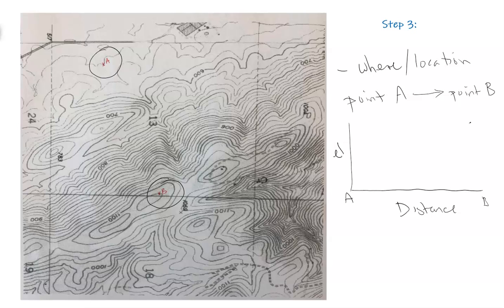I'm going to imagine myself starting to walk, here's me, walk in this direction, along this distance, along this path that I have chosen for myself to my destination, which is point B, and I am going to create a line which represents the terrain or the relief of that area based on the contour lines.